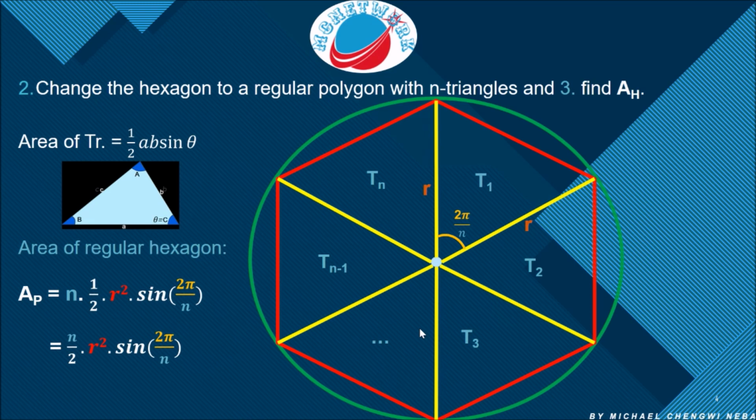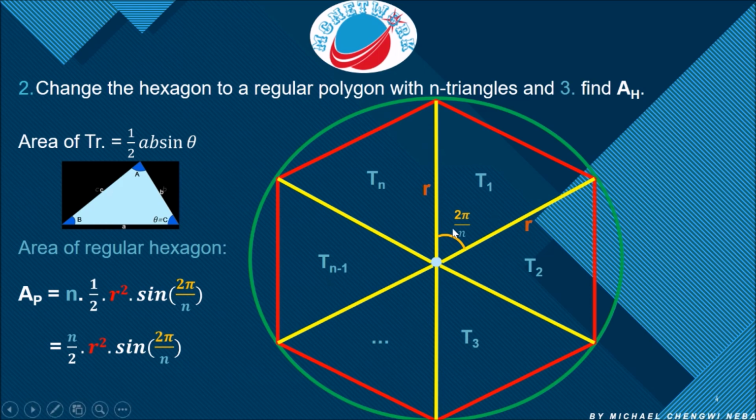Remember, when we were dealing with the regular hexagon with 6 sides, our area A index h was 6 multiplied by half r squared sine 2 pi over 6. So we are just replacing 6 by n, because in this case the 6 sides become n sides.